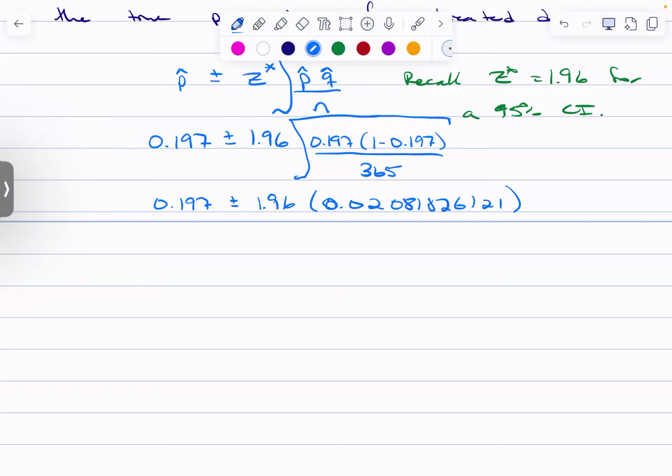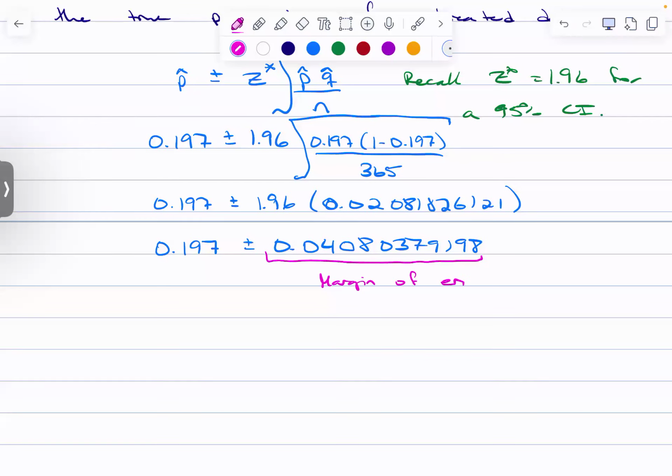So I get 0.197 plus or minus 0.040803799198. This is called our margin of error. And a lot of articles, if you're reading academic journals, will just report the margin of error.